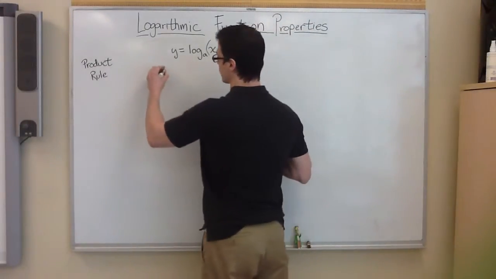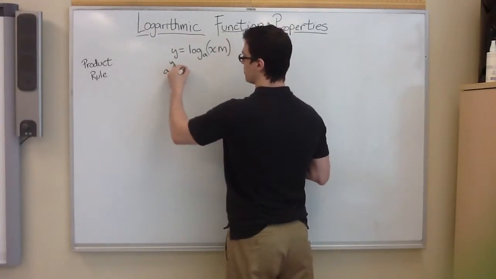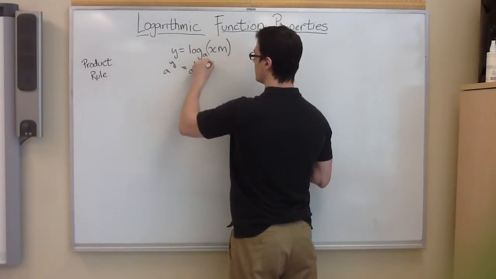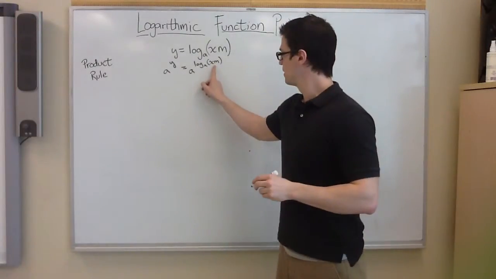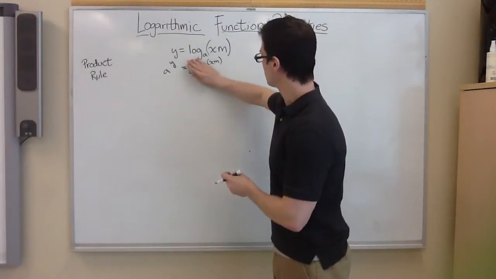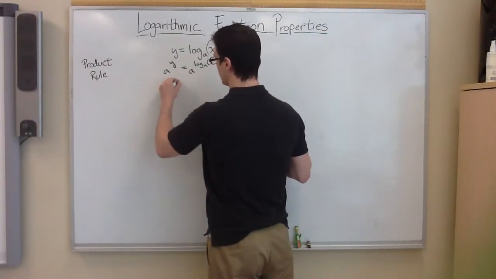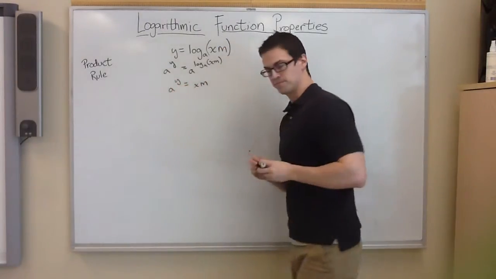So I'm going to do a raised to the power of y, and then a raised to the log base a of x times m. If you remember from our basic properties of logarithms, this will cancel right here, and then xm will drop down. So we're going to have a to the y power equals xm.